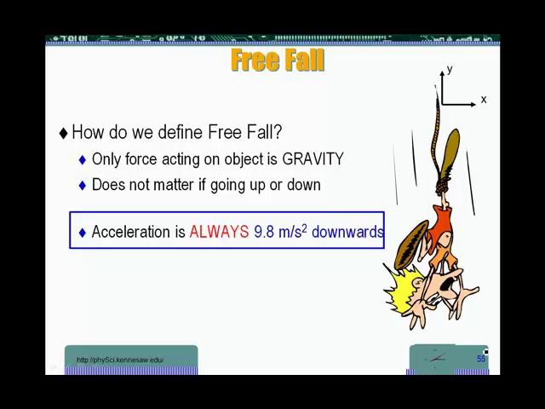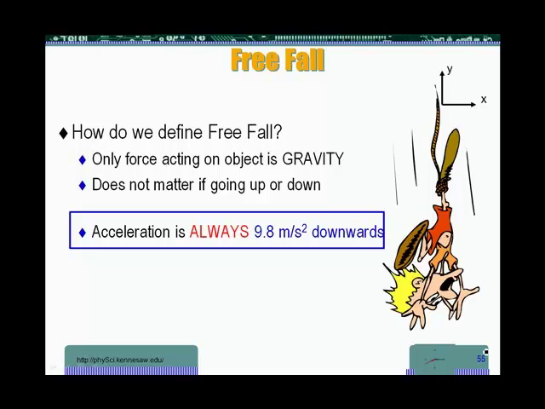If the only force acting on it is gravity, the minute it is off my hand, and before it touches anything else, it is in free fall. It is in free fall while it is going up. It is in free fall while it is going down. It is in free fall from the instant it is off my hand till the instant before it touches anything else.